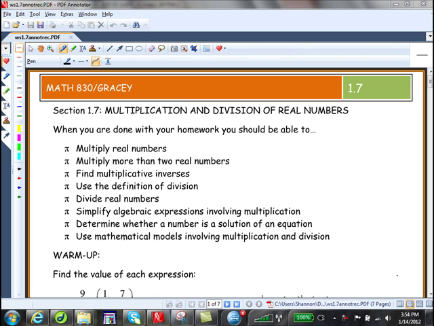We'll be multiplying real numbers, multiplying more than two real numbers, finding multiplicative inverses, using the definition of division, dividing real numbers, simplifying algebraic expressions involving multiplication, determining whether a number is a solution of an equation, and we'll use mathematical models involving multiplication and division.